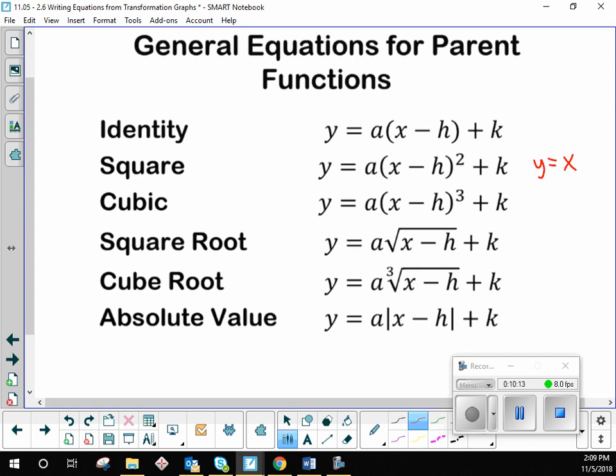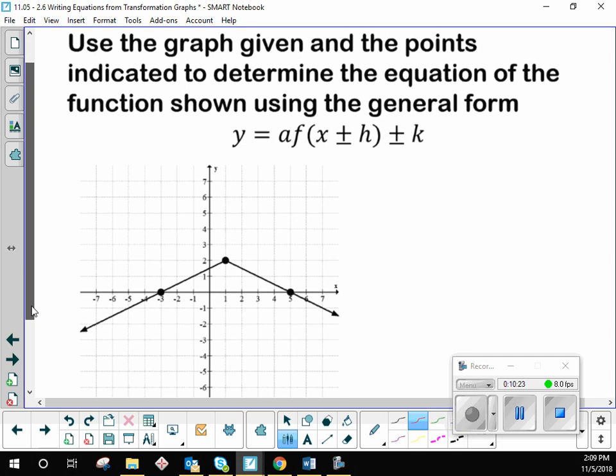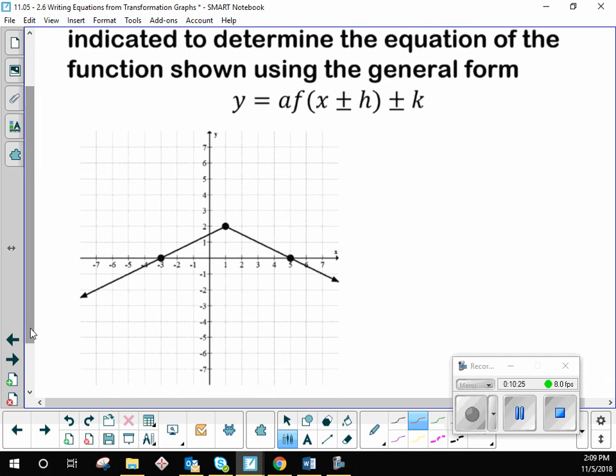And that's what we're using to find our equation. So on the one example problem that you have on your notes, we have this graph. This is just general form again. I put this up here because your homework has that form. It's just what we already talked about.